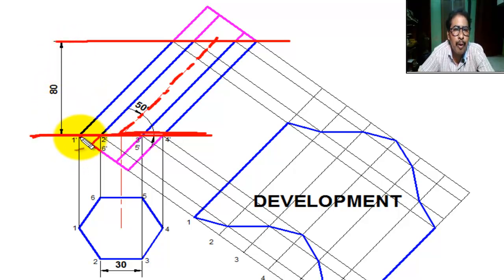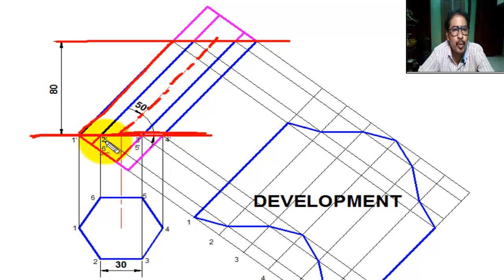Then from point 1, parallel to this axis line, that means at a 50 degree angle, we draw this line.